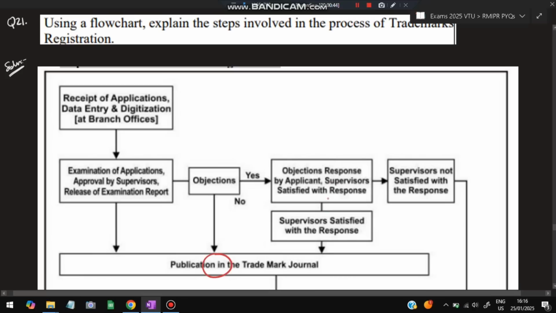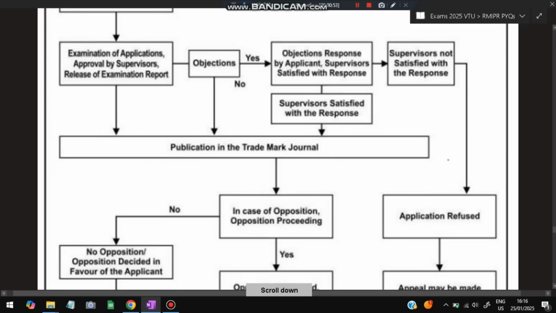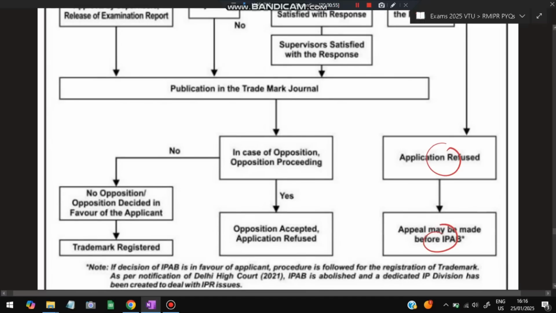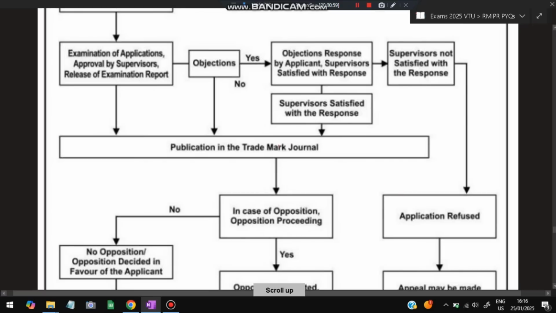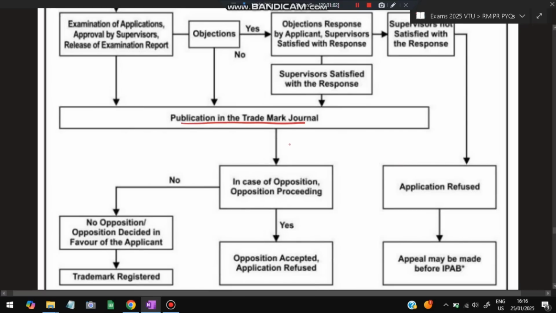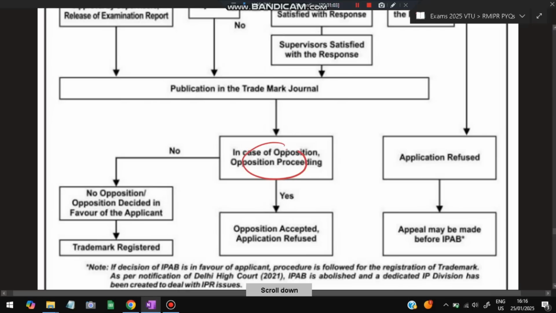If the responses are given by the applicant and the supervisor is also satisfied, it can be published. Else, if the supervisor is not satisfied, it will be rejected, and an appeal may be made before the IPAB. Okay, and in case the publication is made, the last check to be done is opposition.